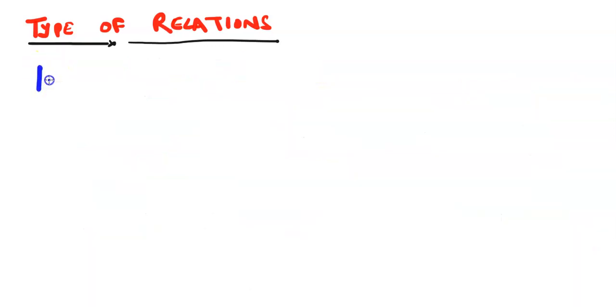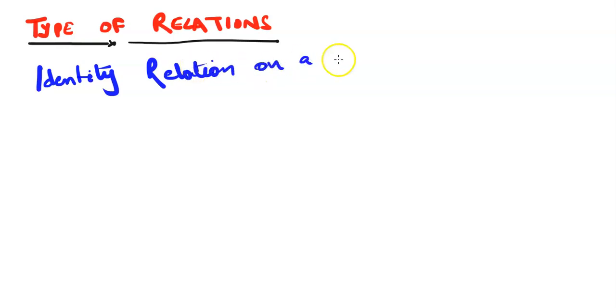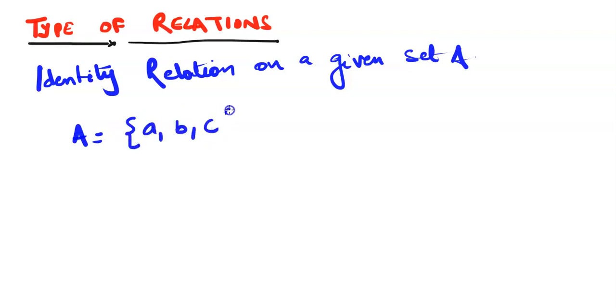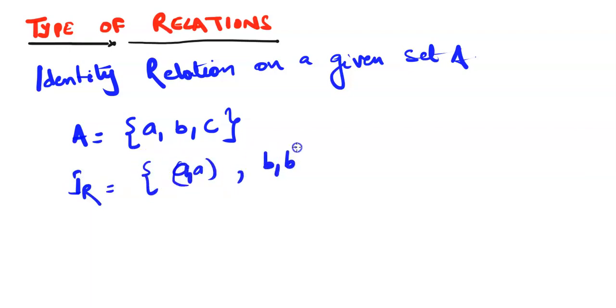Next, we talk about the identity relation on a given set A. So if A equals A, B, C, then the identity relation is basically AA, BB, and CC.